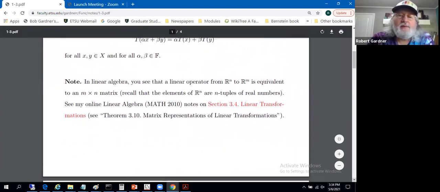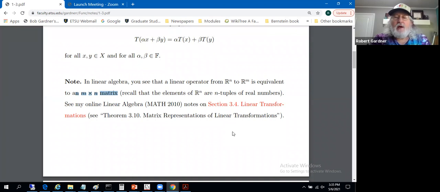And as promised, let's talk about where you've seen this before. You've seen it in linear algebra. When we were looking at linear operators, we certainly did call them linear transformations there, from R^n to R^m. A linear transformation from R^n to R^m is equivalent to an m by n matrix. See Theorem 3.10, matrix representations of linear transformations, with a link to some notes from linear algebra.